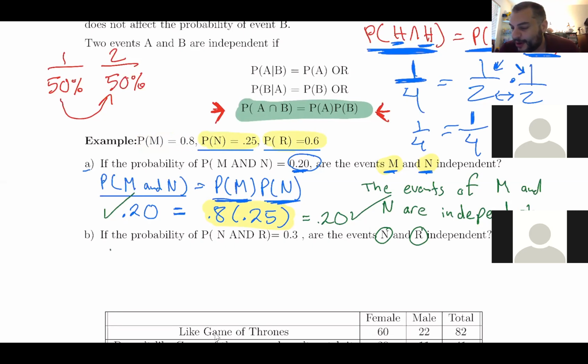So we're going to say the probability of n and r is equal to the probability of n multiplied by the probability of r.